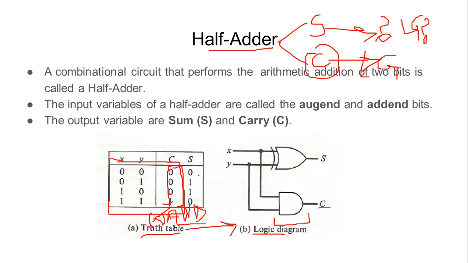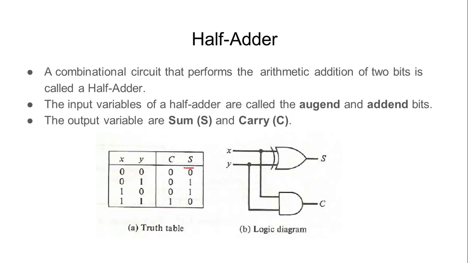So if we look at how the sum is actually coming, the sum is coming like 0 1 1 0, right? So let's again understand these two points, x and y being 0 0 0 1 1 0 1 1, and how this particular output of sum resembles a particular logic gate. If we closely see, it is nothing but an XOR gate.